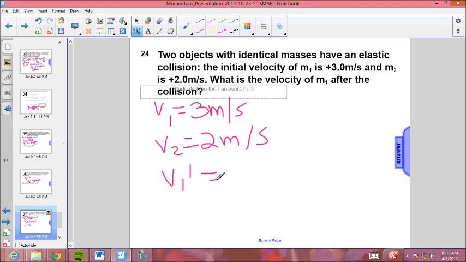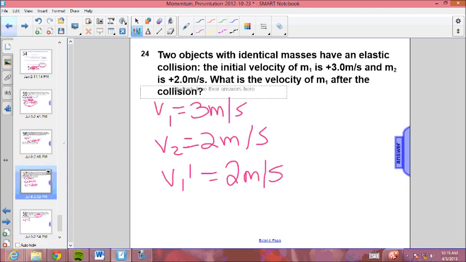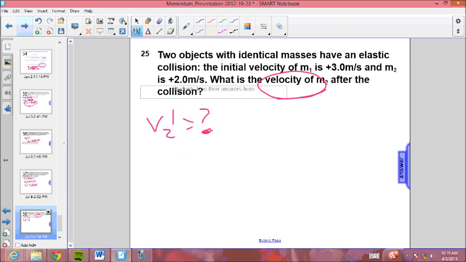Well, our v2 is 2, so that means our v1 prime is 2. And the next problem is asking for the velocity of m2, which is v2 prime, which we know is equal to the original velocity of object 1, so v1, which was 3. So v2 prime equals 3 meters per second.